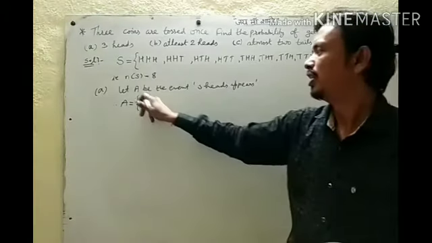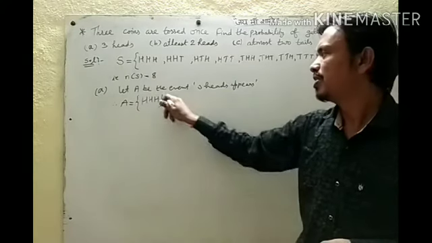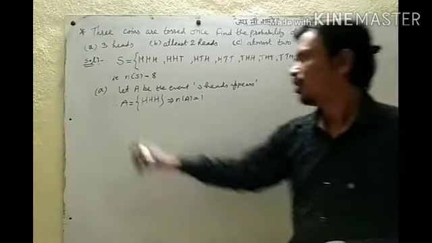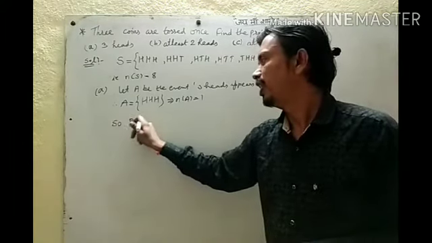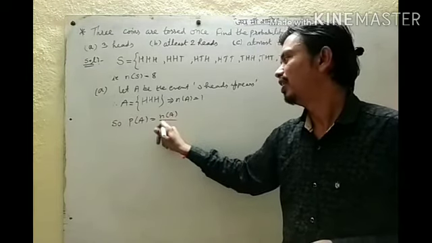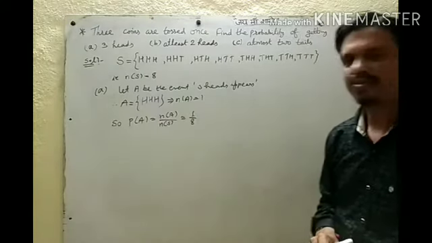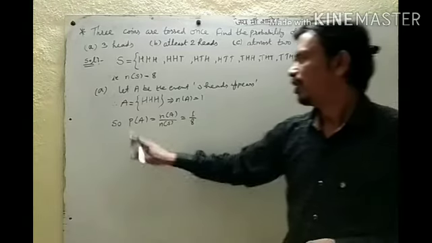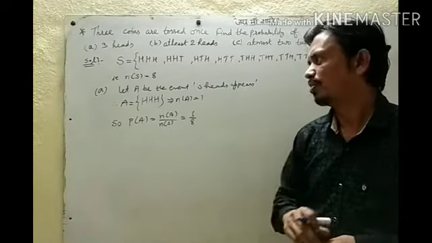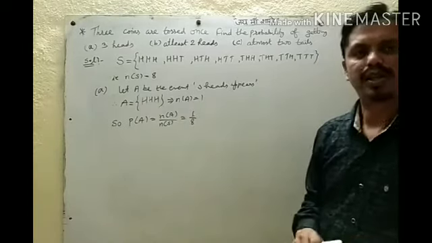Only one, HHH. This is our event A. It means the number of elements in A is only 1. So the probability of event A will be the number of elements in A upon the number of elements in S, which means 1 by 8. Okay? Only find the outcomes favorable to event A and the total possible outcomes, and take the ratio. That will be our required probability.